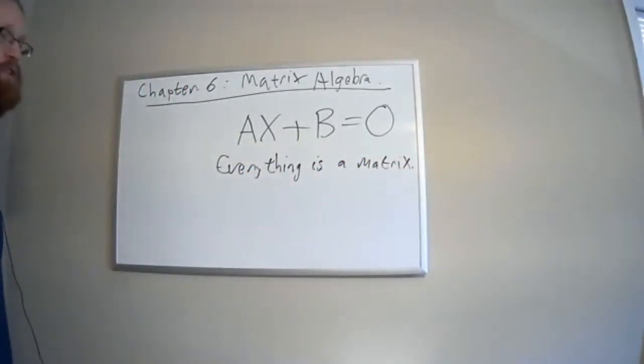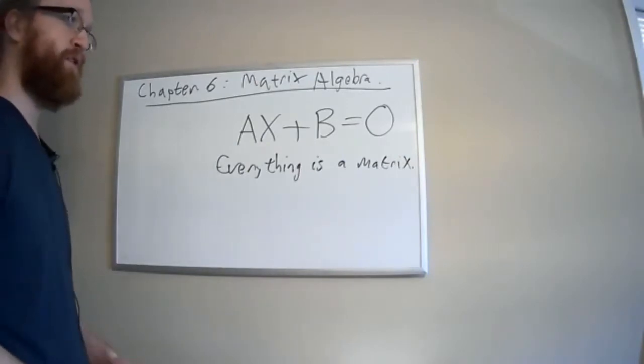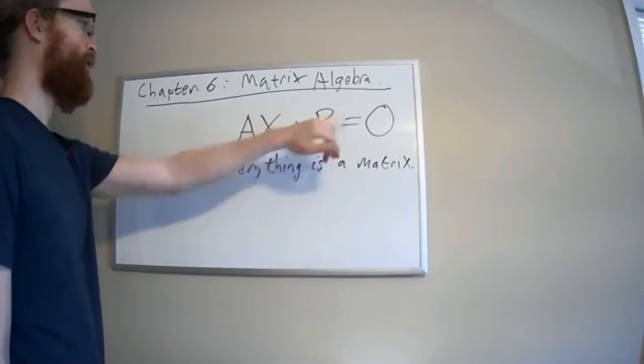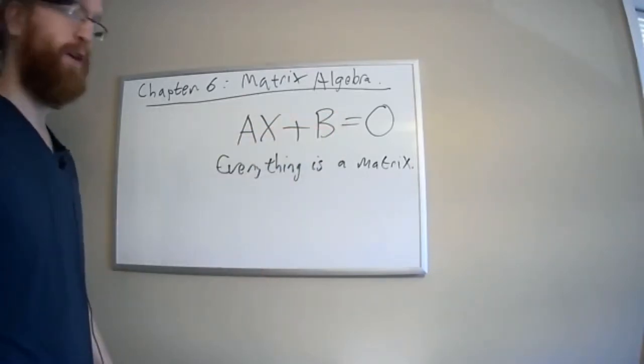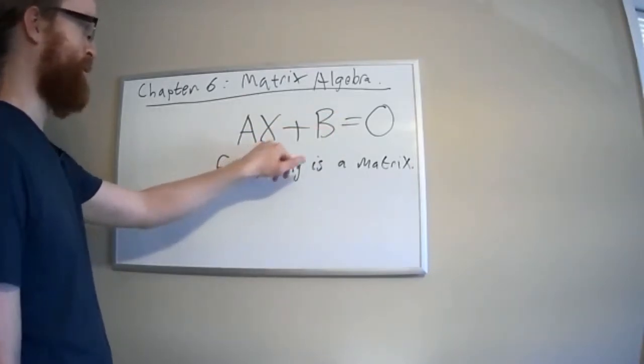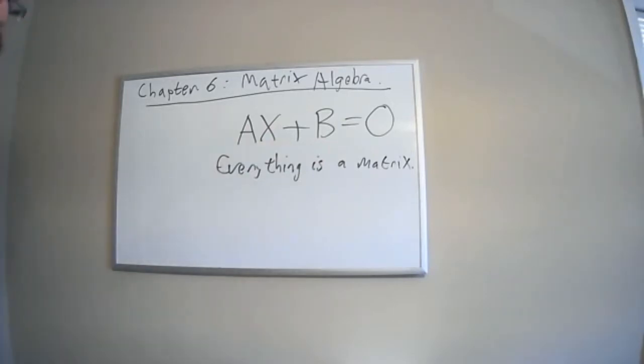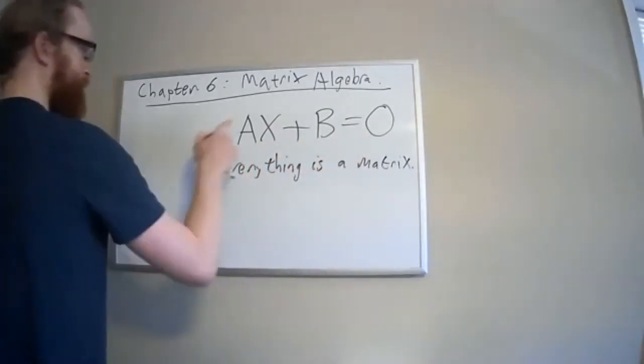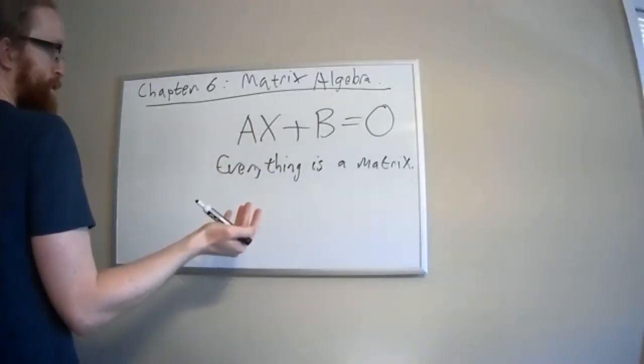We want to be able to write down equations where instead of just numbers and variables that represent other numbers, I have these sort of variables and numbers and such that are all matrices. Everything in here is a matrix. A is a matrix, X is a matrix, B is a matrix, and so forth. 0 represents a special kind of matrix. We'll talk about that.